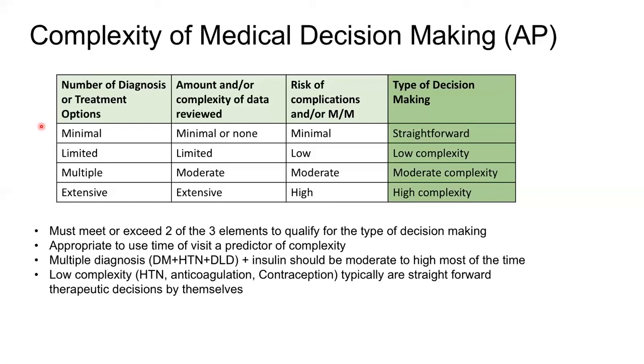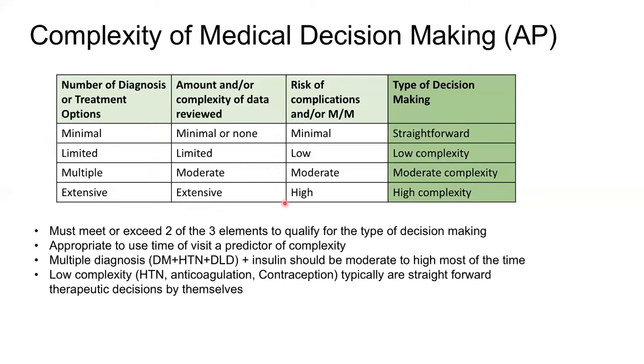So you could be assessing a number of different diagnoses. The amount and complexity of data reviewed is the second component, which can be minimal or none, limited, moderate, or extensive. The third is risk of complications, morbidity, and mortality. So whether or not this patient is going to have severe complications if something's not done today.